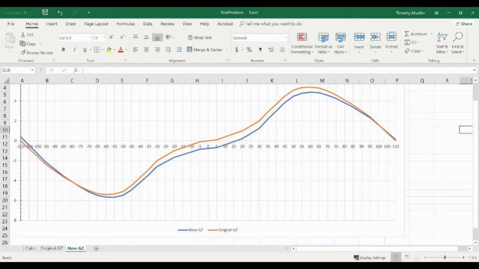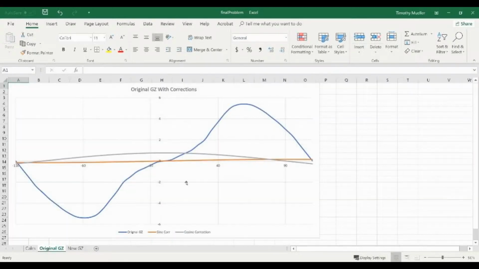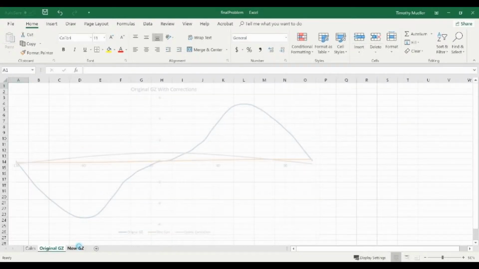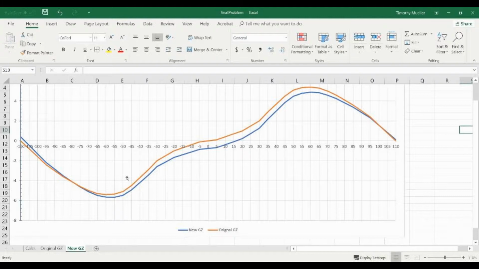So that orange line is never going to move. It's going to be the exact same as we saw here with this blue here. And then this blue line in this one, sorry for a little confusion on the colors there, but in this one, the new GZ is going to be blue. And that's going to have our cosine and sine corrected curve all superimposed, put into one curve.